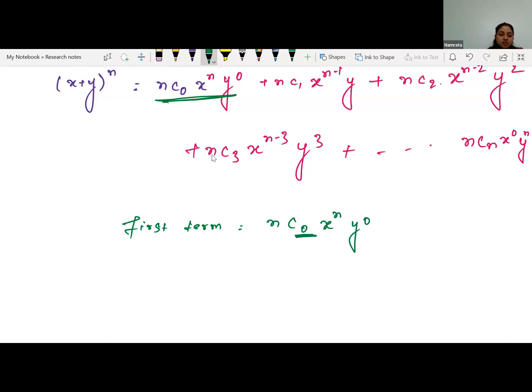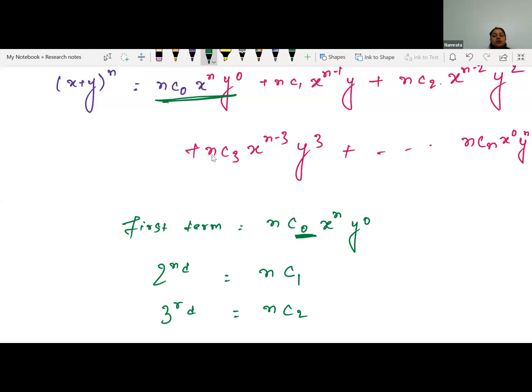Here for the first term, r is 0. If I am writing the second term, r will be 1, right? Third term, r will be 2, right? Yes, the binomial coefficient will be like this.